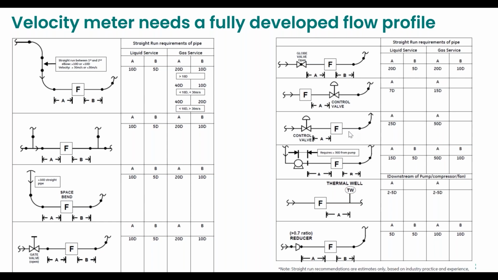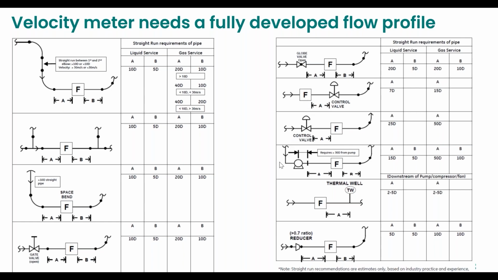But if I look at the one underneath, where I have a control valve before the flow meter, then I need a much longer set of straight runs, because the flow profile will be hugely impacted by the control valve restriction in the pipe. It will create a lot of distortion to the flow profile, and we cannot really cope with that nicely. So if you have to have a control valve, put the flow meter before and not after, right?